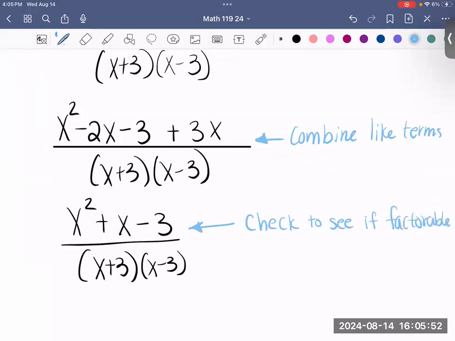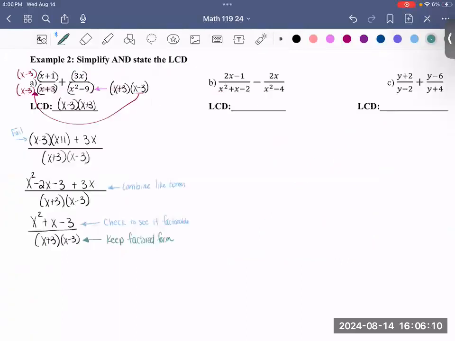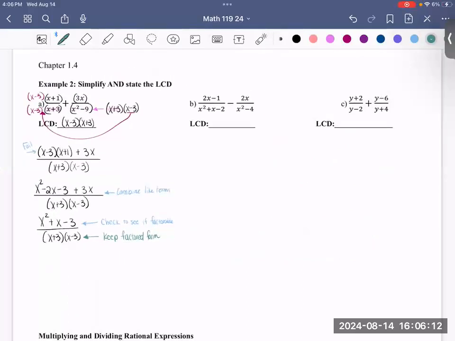Sometimes it is, sometimes it isn't. In our case, ours is not factorable, so we are done. Keep your denominator in its factored form. And there you have it. So pause the video, see if you can try it on your next one.